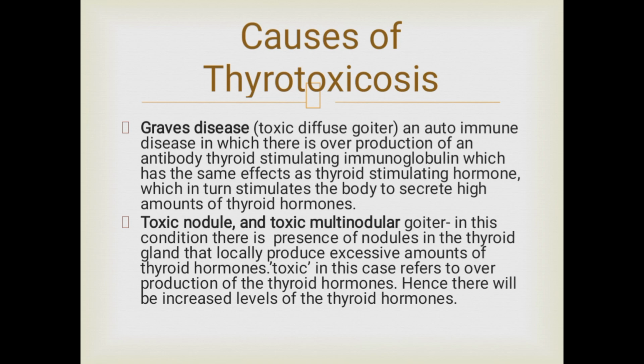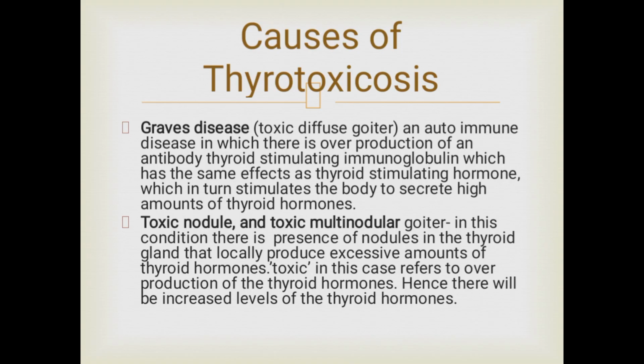So this is a toxic diffuse goiter, an autoimmune disease in which there is overproduction of an antithyroid stimulating immunoglobulin, which has the same effect as thyroid stimulating hormone, which in turn stimulates the body to produce a high amount of thyroid hormones.